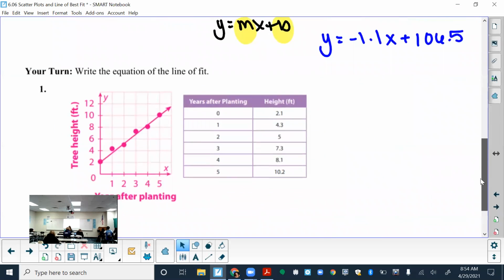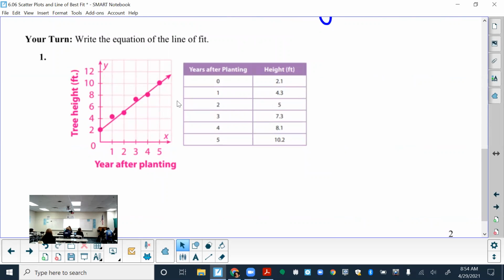All right, so down here, you could have picked really any points as long as they're on the line. It doesn't even have to be the data point, just from this line. What is a point that you used, someone? 0, 2.